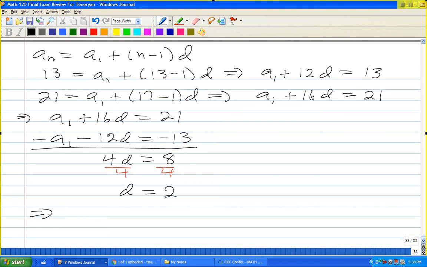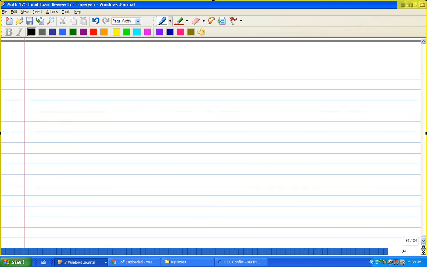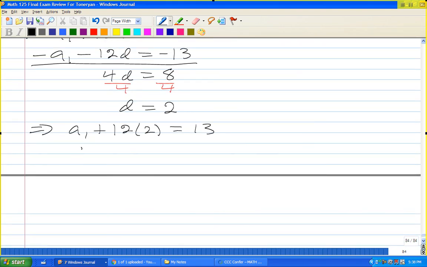Let's plug this into this first equation here. So I have that a1 plus 12d is 13. And so I have that a1 plus 24 is 13. Subtract 24 from both sides of my equation. So a1 is equal to negative 11.